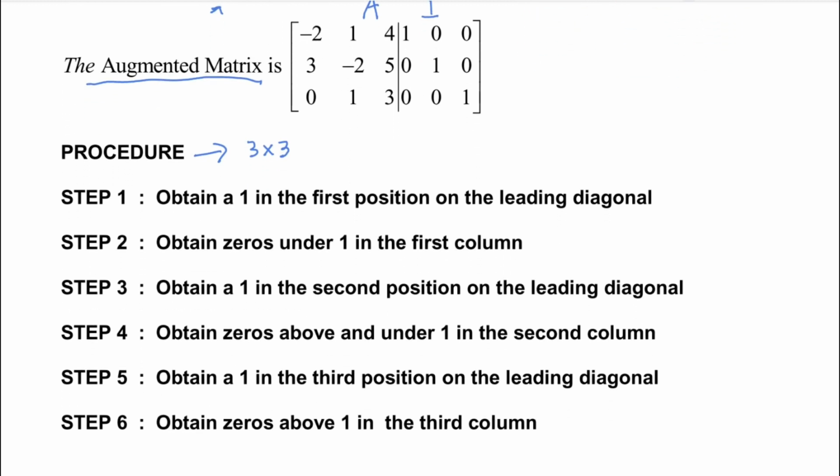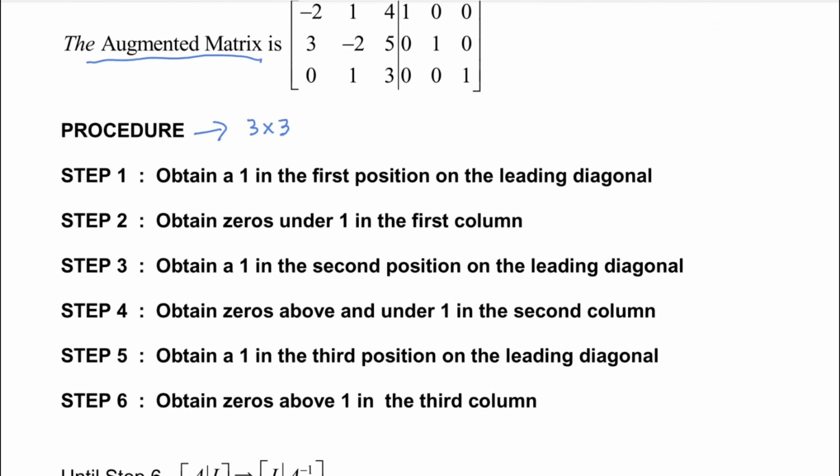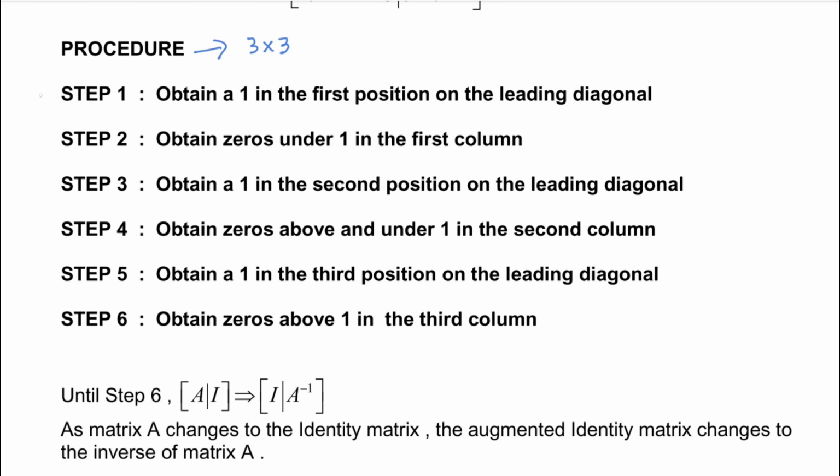All the odd steps, meaning step 1, step 3, and step 5, are the ones where you want to find or obtain a 1 in each particular leading diagonal.